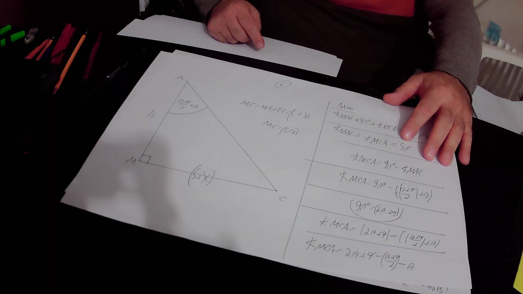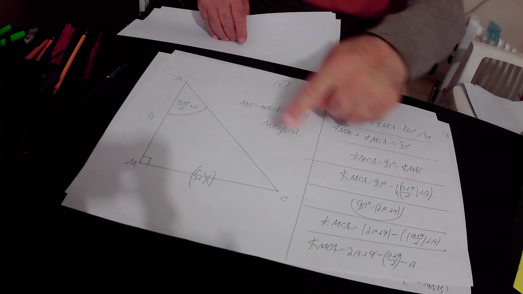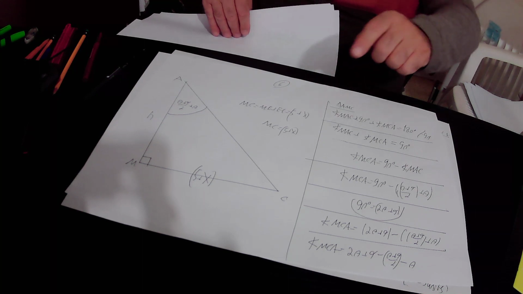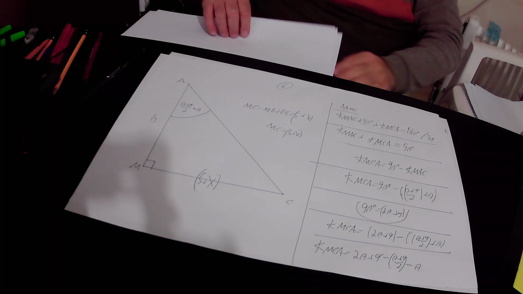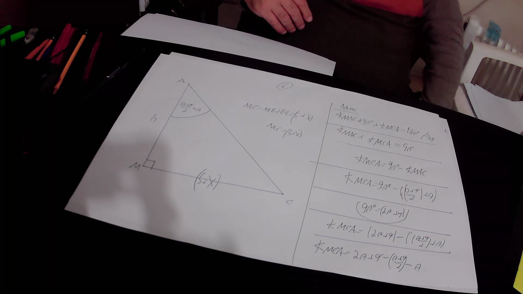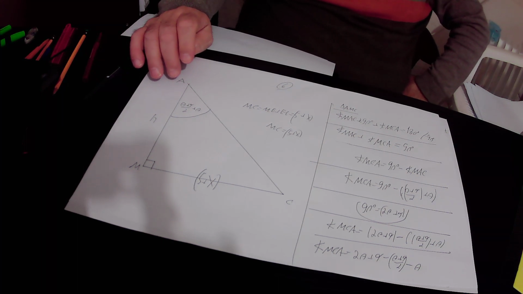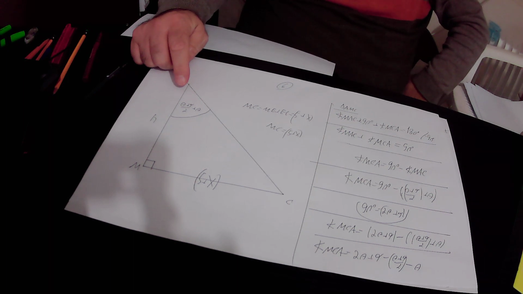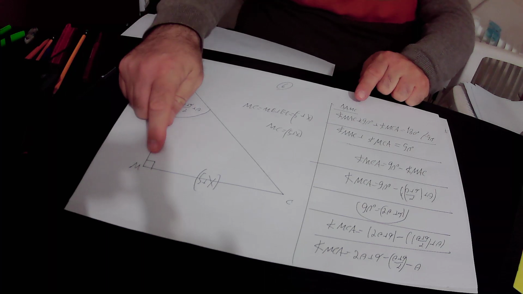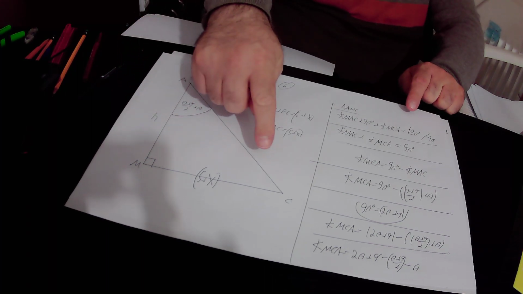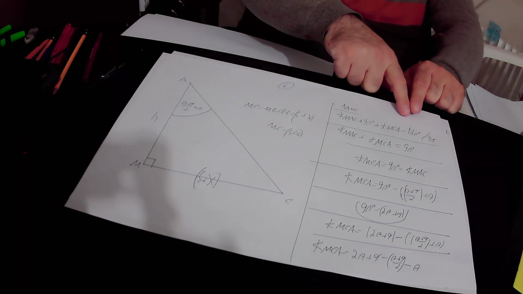So in the right triangle AMC, the missing angle is angle ACM, and we find its value according to the rule that the sum of the angles in any triangle is equal to 180 degrees. In the right triangle AMC, angle MAC plus this angle that equals 90 degrees plus angle ACM, the angle that we are looking for, must total 180 degrees.